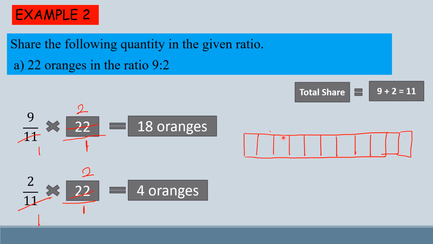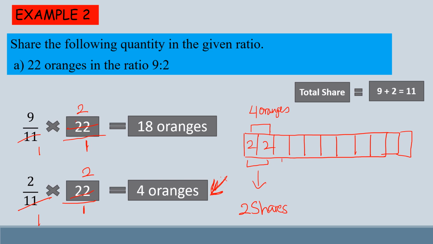So we're going to have 11 squares. So the first 2 would represent here. Remember, that was 2 shares and it was 4 oranges, right? So if 2 shares represent 4 oranges, that means 1 share would be 2.